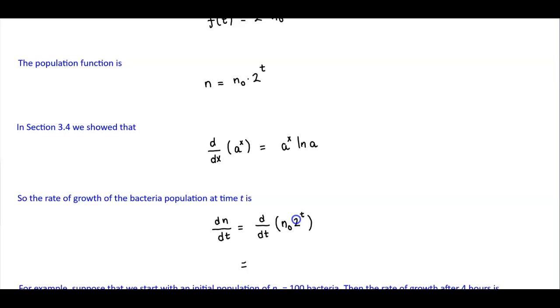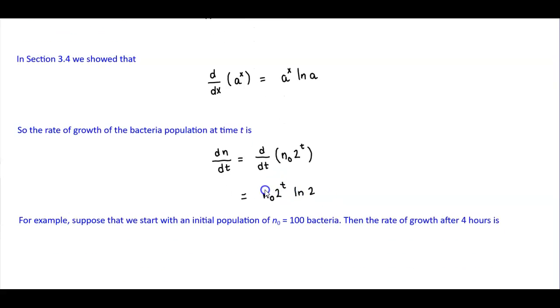And so we know that that's going to be the value of the initial population times 2 to the t times the natural log of 2. So therefore, there is our derivative formula.